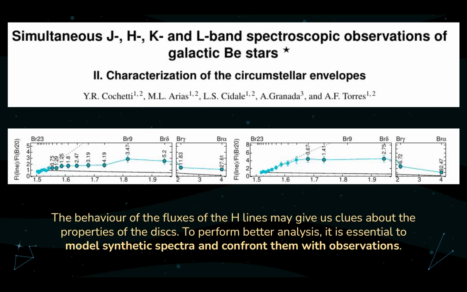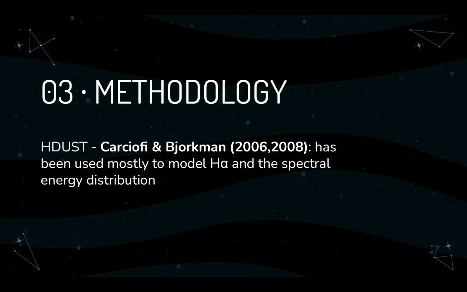So we are trying to analyze this, and this is why we needed synthetic models, to compare our models and our measures with different densities across the disk. So that is why we started to do it.